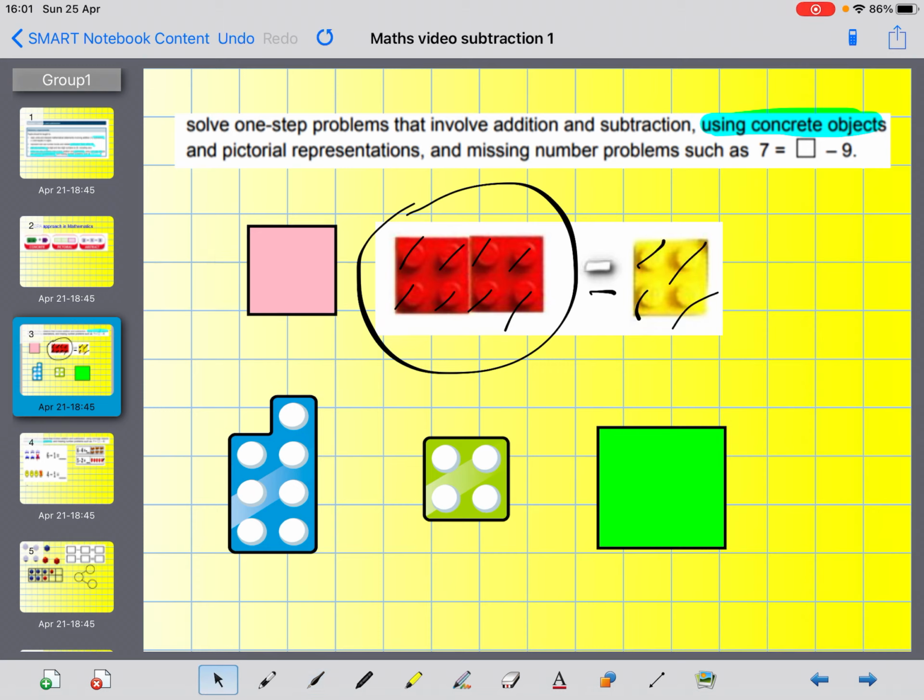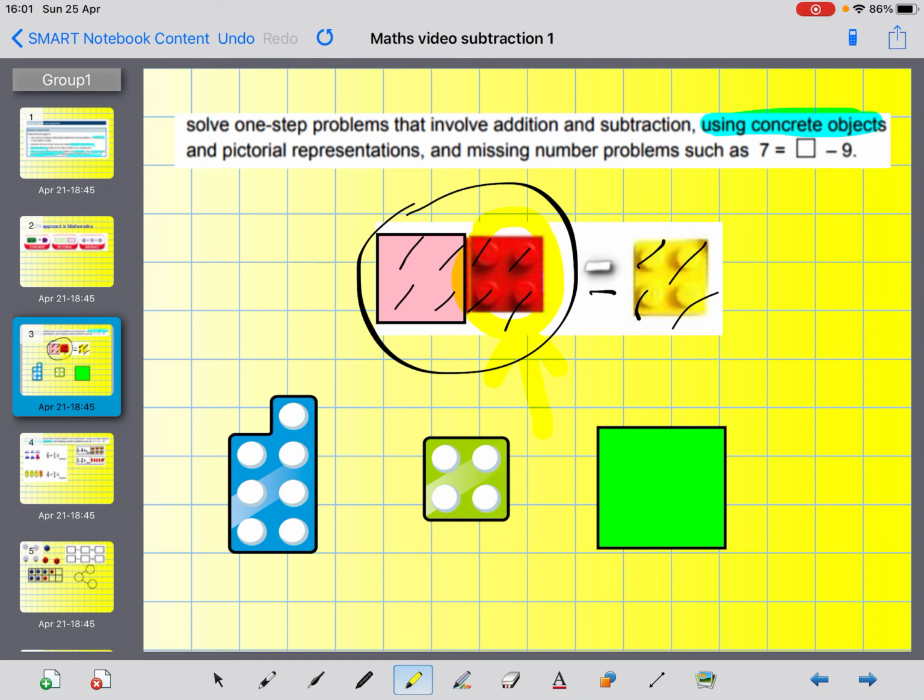So then I might put, for example, 2 away, and I've still got, how many left? Here, like you can see, I've still got 4 left. So I know 8 subtract 4 equals 4 left.